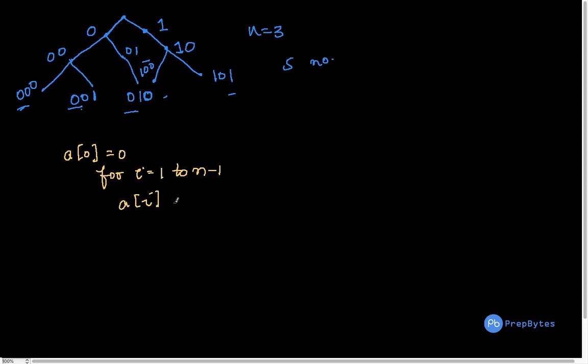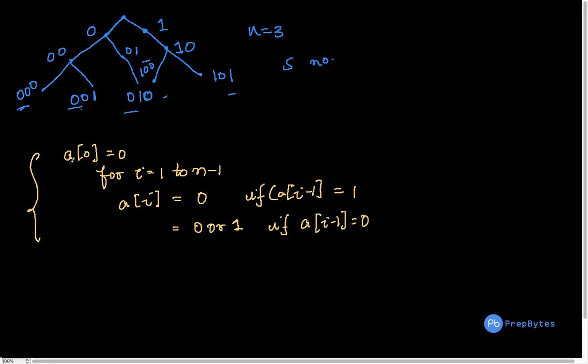I'll put a of i equal to 0 if a of i minus 1 is equal to 1, or I'll put a of i equal to 0 or 1 if a of i minus 1 is equal to 0. This will help me create this whole complete branch.